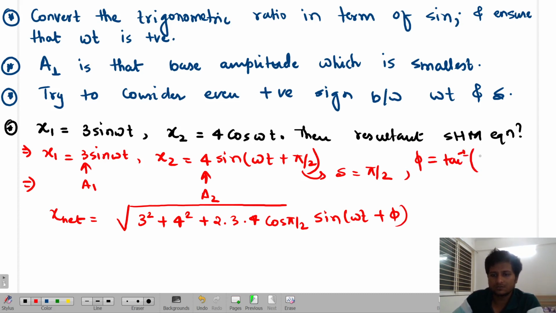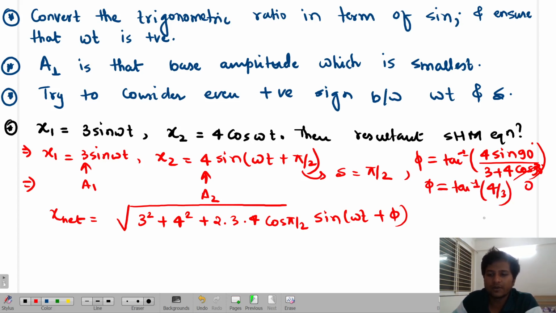A2 is 4, sine delta, which is sine 90, isn't it? Divided by a1 is 3 plus 4 cos 90. Cos 90 is how much? 0. So this becomes 0. Sin 90 is 1. So phi is equal to tan inverse 4 by 3 or not.